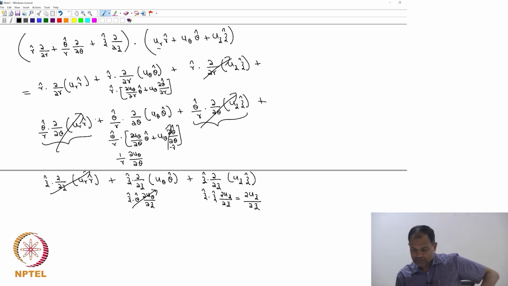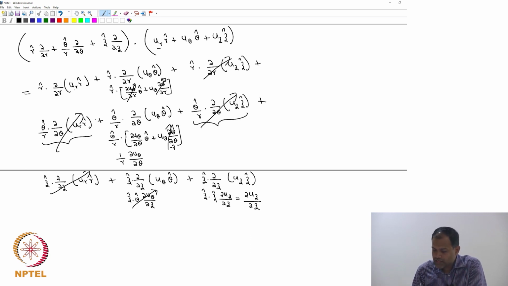So this one, r cap dot theta cap, that will go. What is dou theta cap by dou r? It's with respect to r, so that's again 0. There is nothing to worry about.